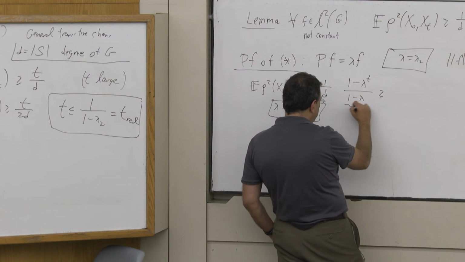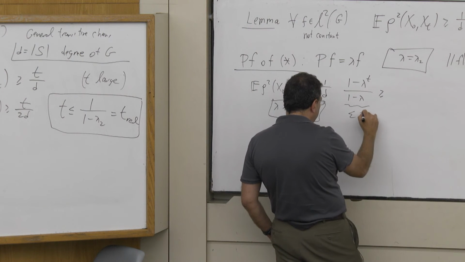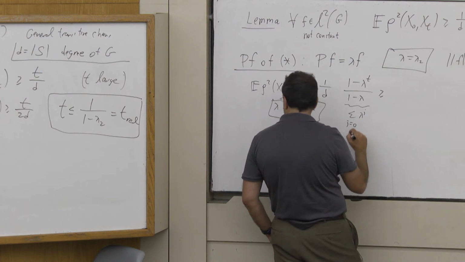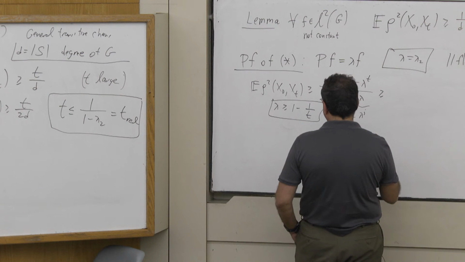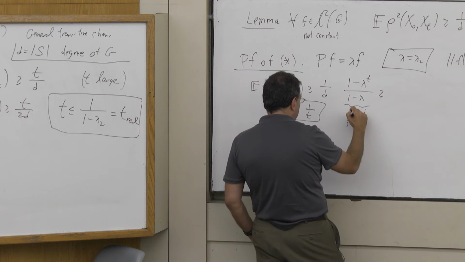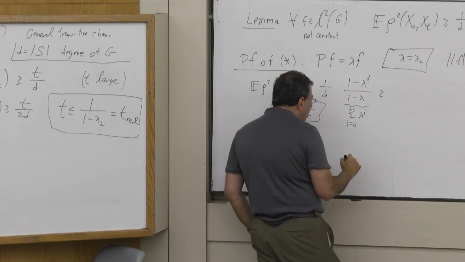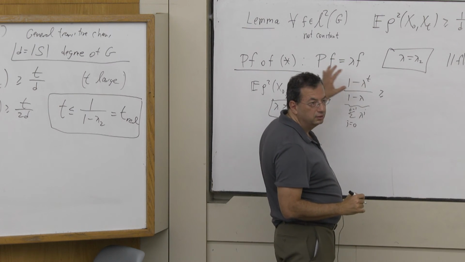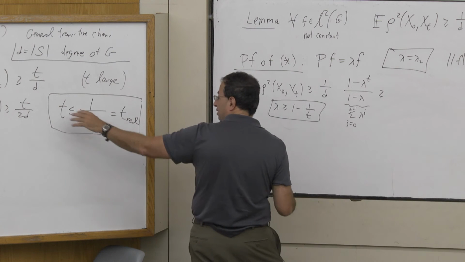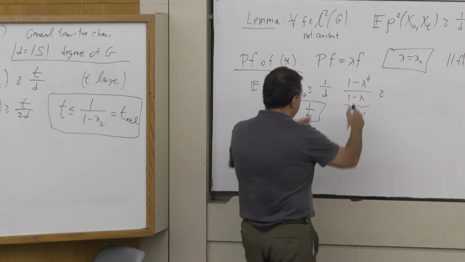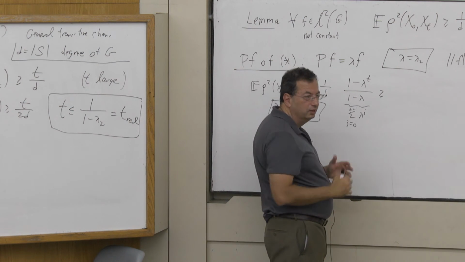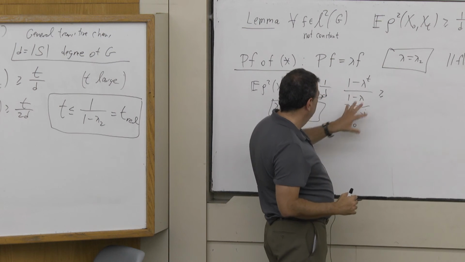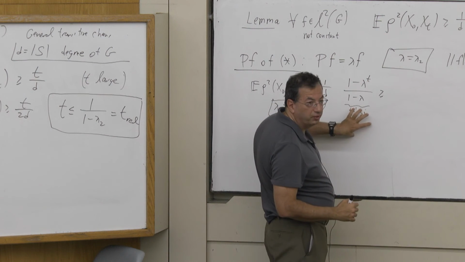So this expression, of course, is also the sum of lambda to the j from 0 to t minus 1. So this expression is monotone in lambda. So we can use this bound and plug in 1 minus 1 over t because of the monotonicity that we see from this expression.